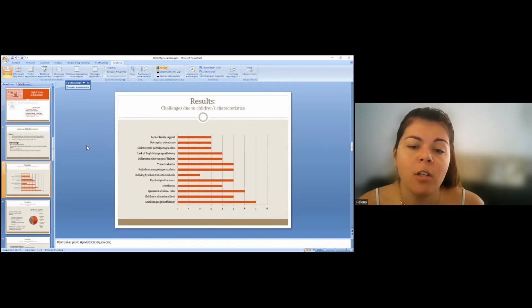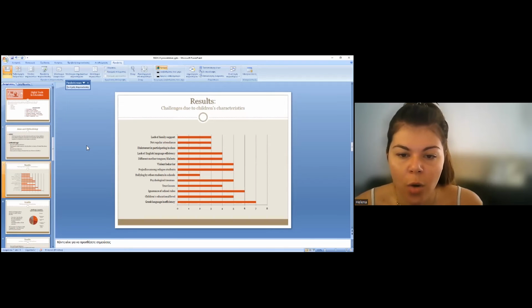Violent behavior. Violent behavior was not from other students, but from the refugee students that had some psychological traumas, as shown right below, and they had some violent behavior sometimes because of all the fear and all the trust issues they had.